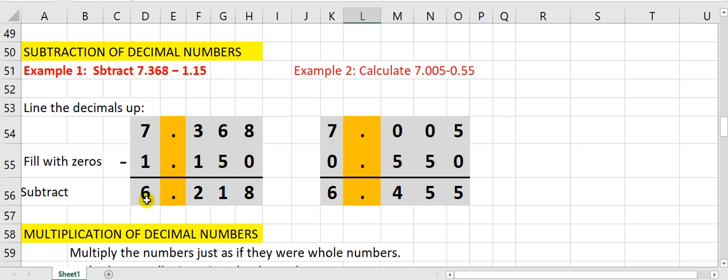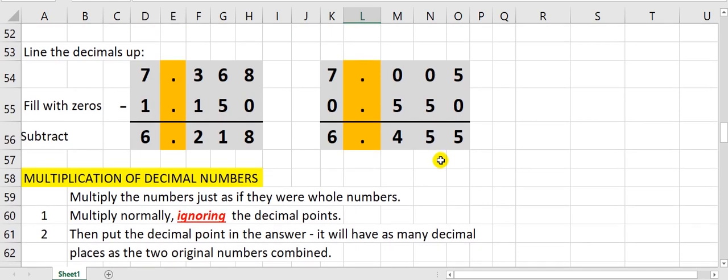Then subtract. No problem here. Example number 2. Calculate 7.0005 minus 0.055. Here 7.005 and here 0.55. I will complete it with 0 and then subtract. Okay?